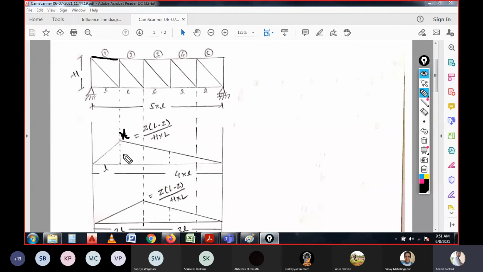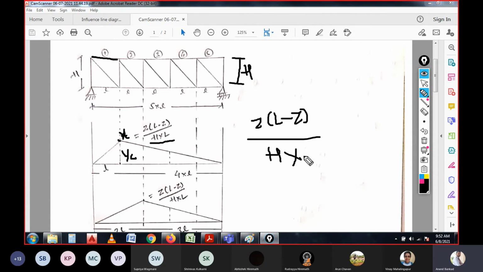And similarly, what we have calculated as the YC value for the apex point for the bending moment, the same thing we are considering here, but here we are including the height of the truss, which is H. So it is Z into L minus Z divided by H, multiplied by the value of L. In the previous case we considered Z into L minus Z divided by L only, but in this case we need to consider H also, because the particular member will be having the height.